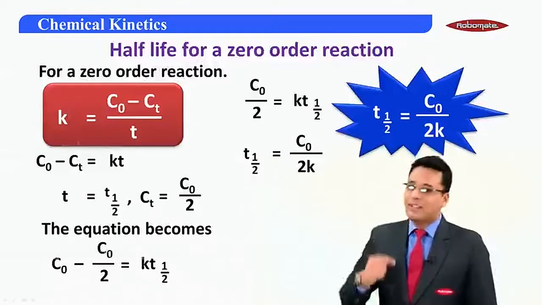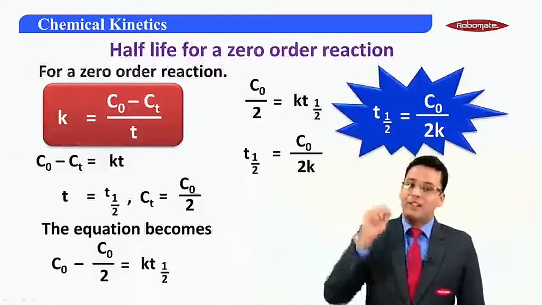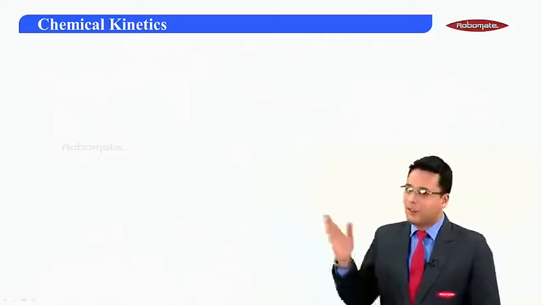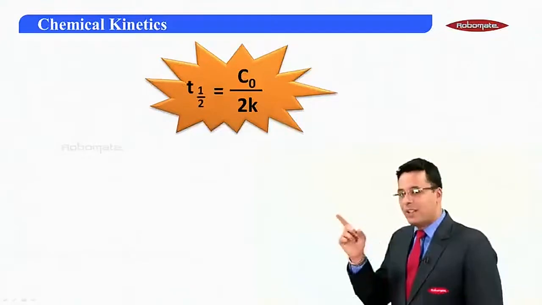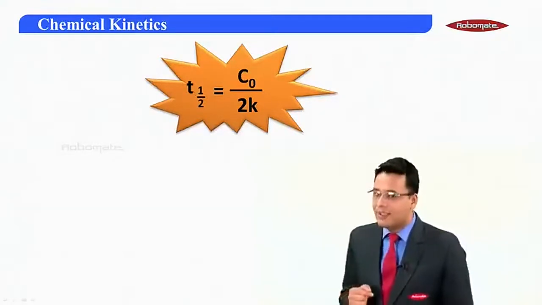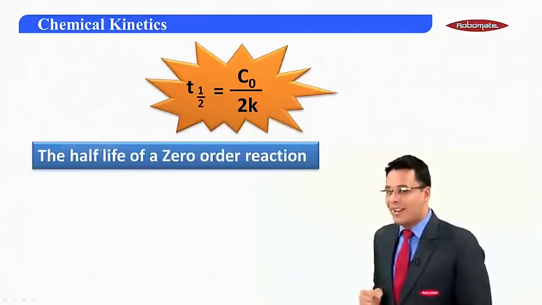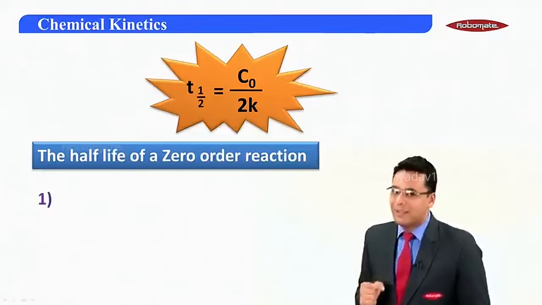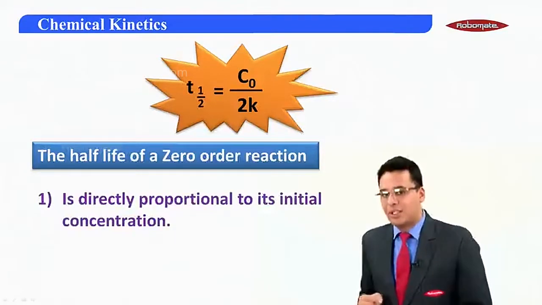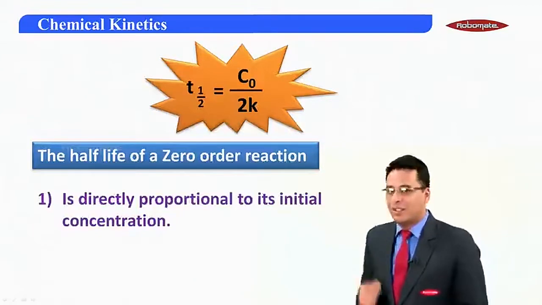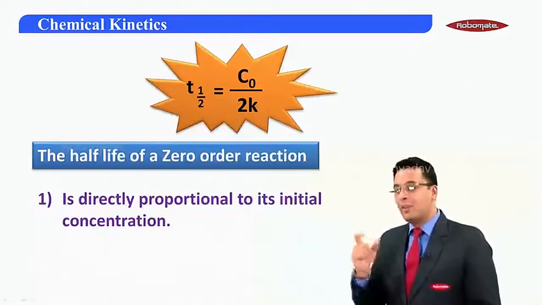If you observe this formula, you will see that the half-life for a zero order reaction is directly proportional to its initial concentration, because C naught is in the numerator.